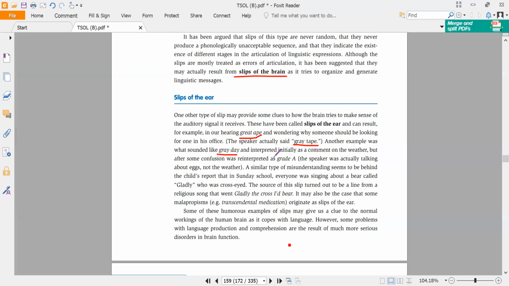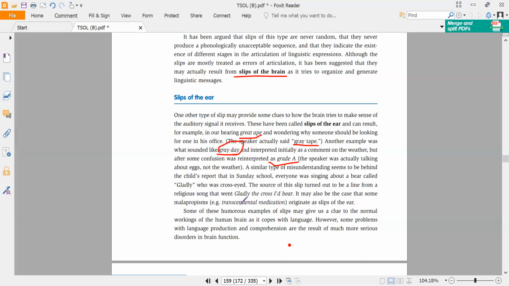The CR of this class got grade A. I may want to say he got grade A in his exam, but a hearer may perceive or comprehend it as gray day. So this is also an example of slip of the air.